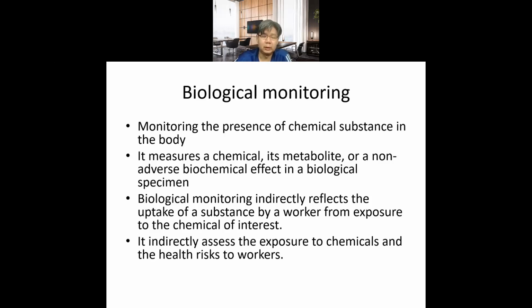From the medical surveillance perspective, we take urine and check the urine mercury level. We want to know whether there is a relationship between exposure to the mercury and excretion of the mercury from the human body.